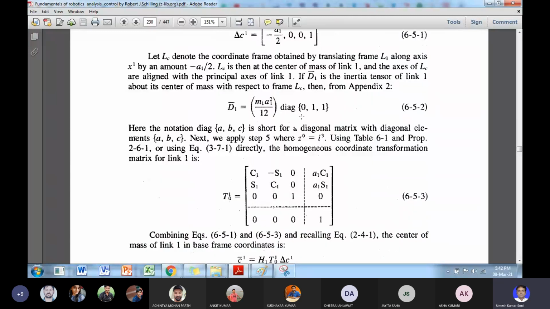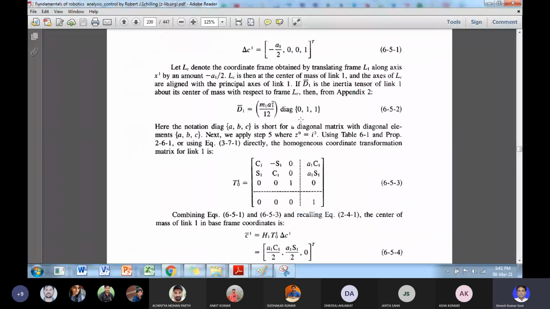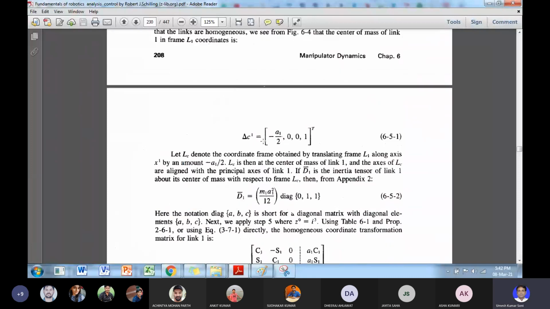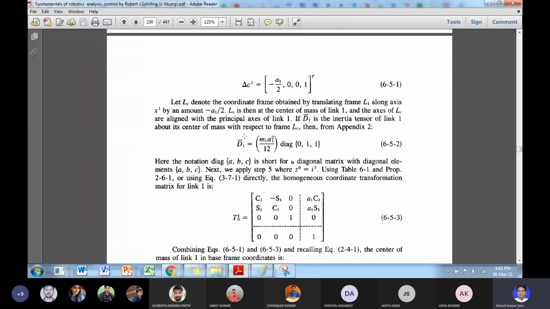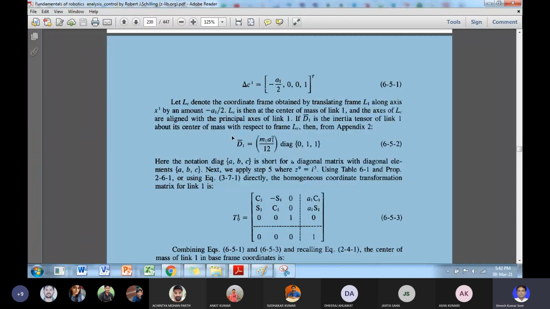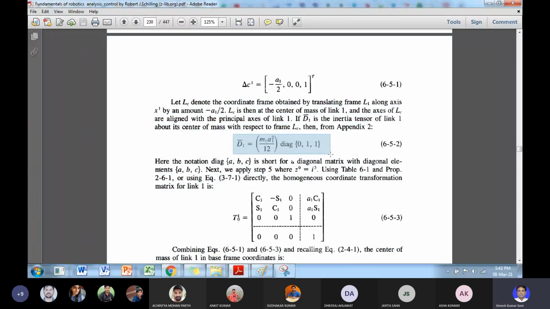Okay, clear? So here we determine the C1, and then we have determined the inertia of the center of mass with respect to the kth coordinate frame. So the first coordinate L1, L0, L1 with respect to L1 is D1 bar.